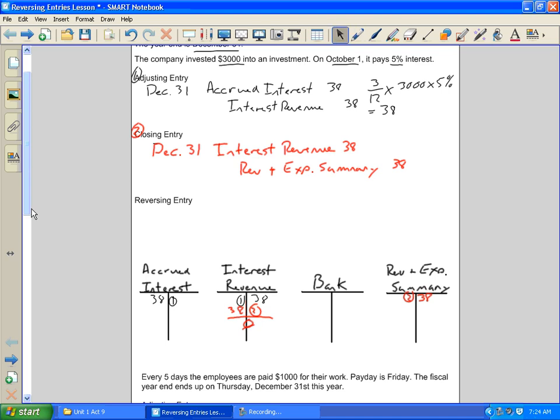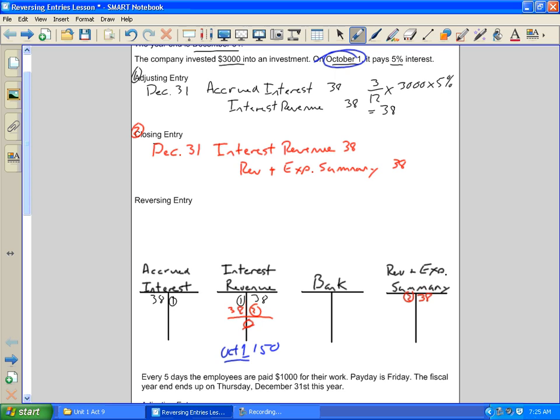Actually, let me go one step further, and I'm going to move up to October the 1st when we actually get the interest from this item. Okay, what we would do is we would credit interest revenue. Again, remember, I'm doing this on October the 1st. So I move way ahead of time, way past the year end, way past the beginning of the fiscal year.